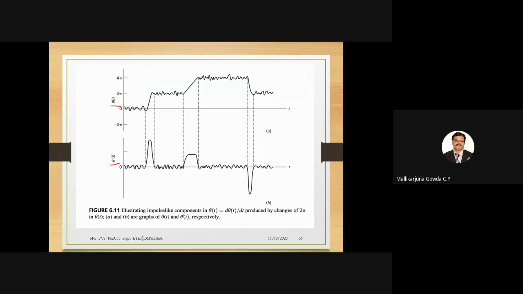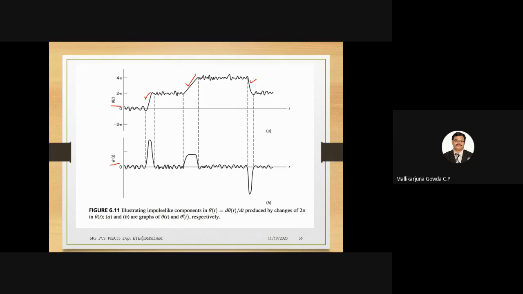When the carrier to noise ratio is small, theta of t will either increase or decrease by 2 pi radians.